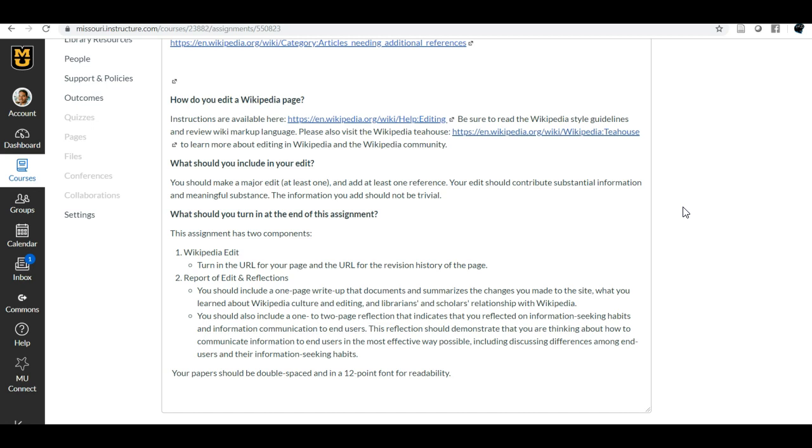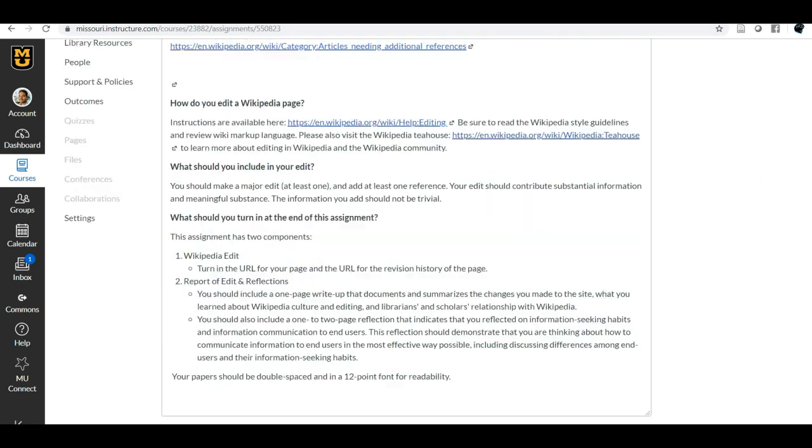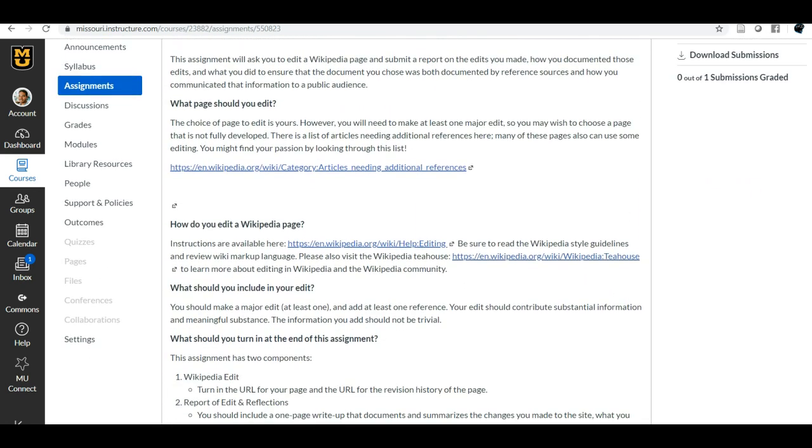So, for instance, if you are editing George Washington's page, your edit should not be something strange, like the second letter in George Washington's last name was A. I mean, it's true, but so what? So please don't make some trivial enhancement. Please actually do something that is going to enrich the page that you edit.